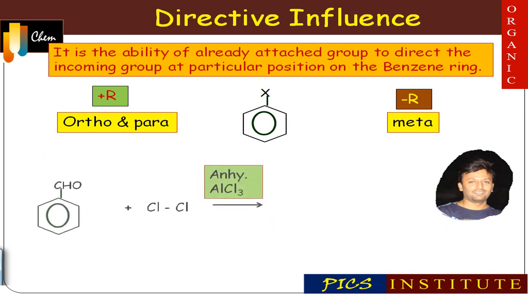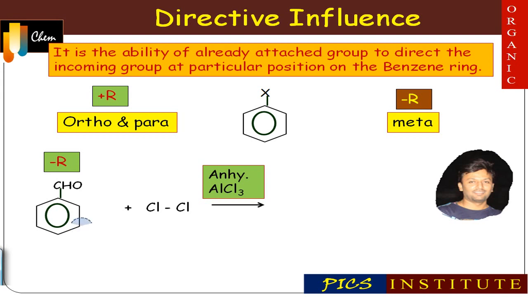Let's take another example. Now in this case, the attached group is aldehyde, which is -R. So the reaction will take place at the meta position.